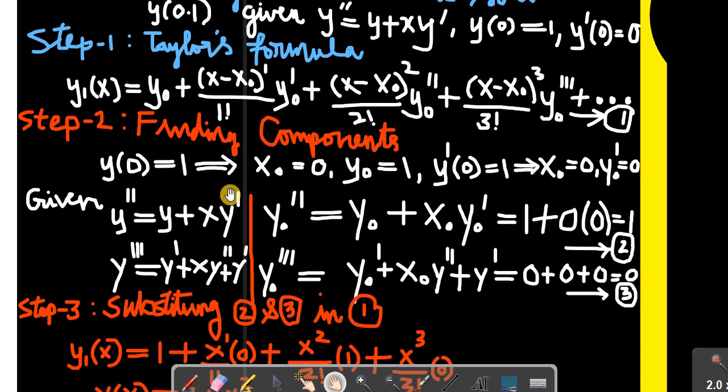This is the uv method we have to follow here. d by dx of x into y dash. That means we have to use the formula d by dx of uv. That means first we have to differentiate this, keeping the other as a constant, plus second we differentiate the other, keeping this as a constant. That is the differentiation formula. Whether you understand that formula or not, I don't know.